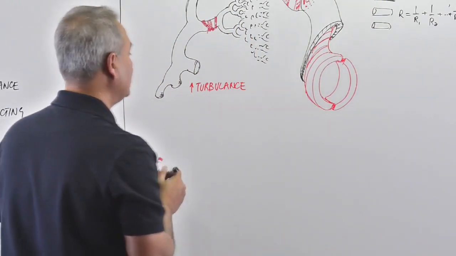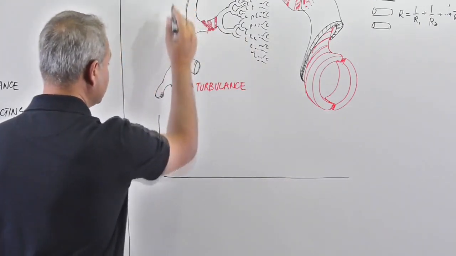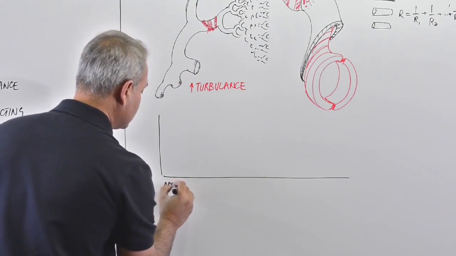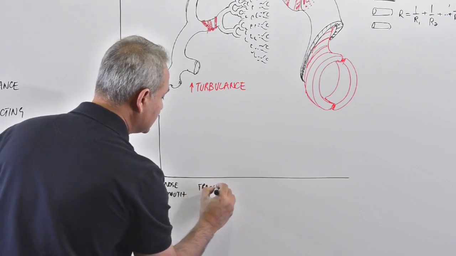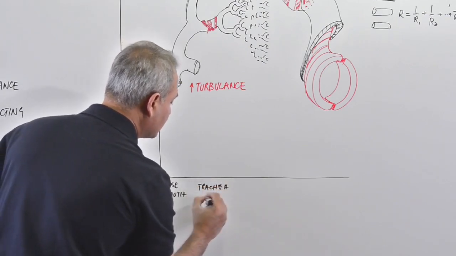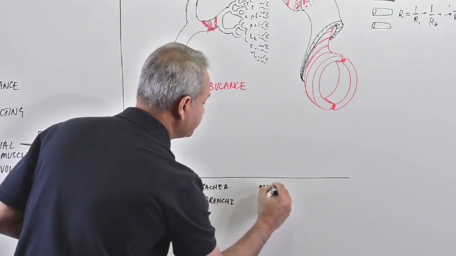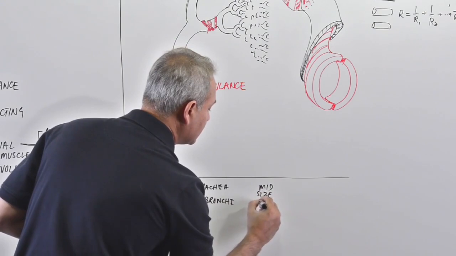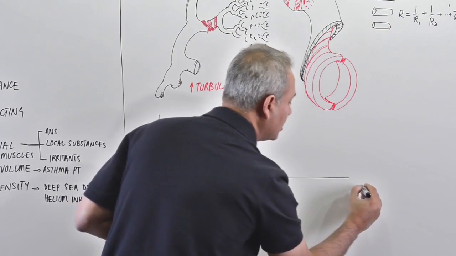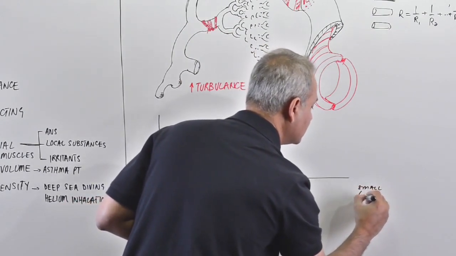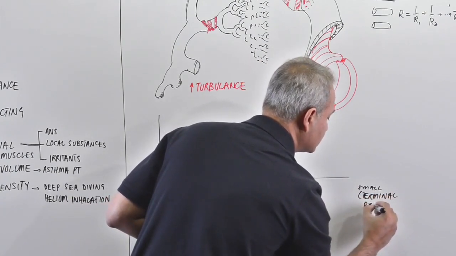So in the USMLE, you might see a graph that would look like this, starting from the nose and mouth, and then trachea and big bronchi, and finally mid-size bronchi and bronchioles, and then small terminal bronchioles.